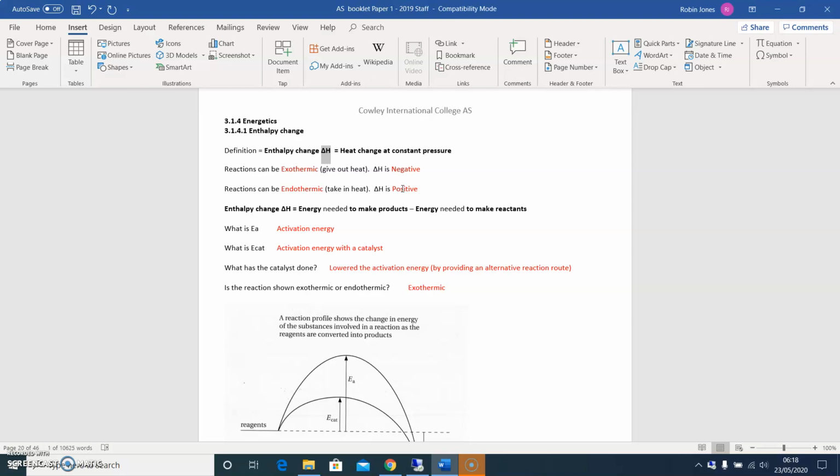When you put ice onto your hand, it melts, and it needs energy to melt, so it draws heat from your hand. So something that's endothermic takes in heat, usually to break bonds. For example, water going from a solid ice cube into a liquid form is breaking the intermolecular bonds, which needs some heat to do that, so it absorbs the heat from your hand. That's endothermic, and the delta H is positive. We're going to work out why they're negative and positive in a minute. I'll show you that.